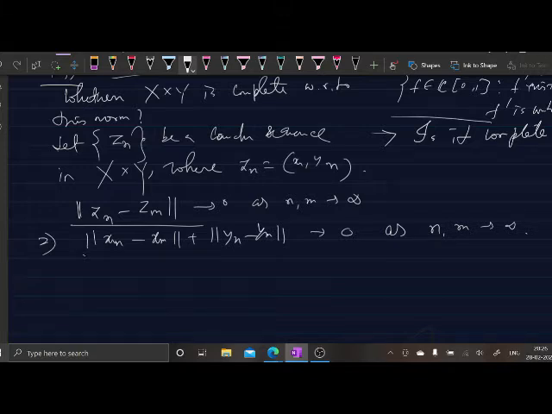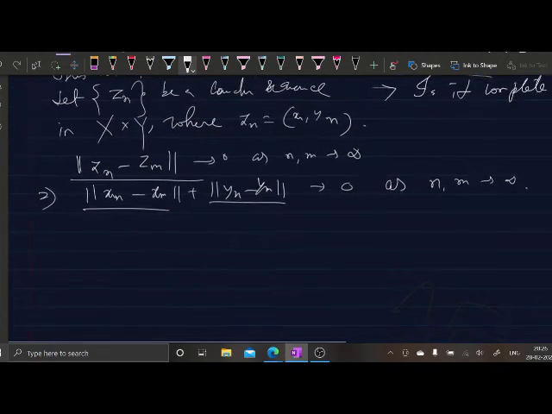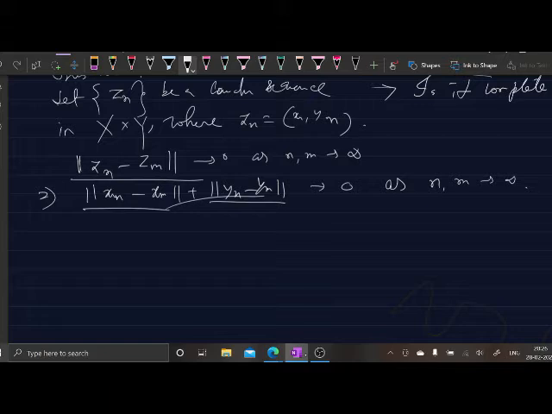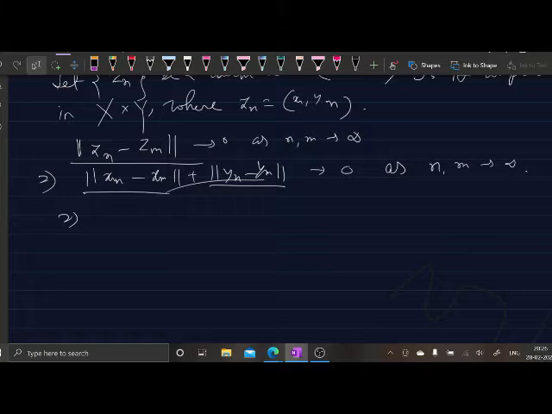So since these are two non-negative real numbers, after adding them, this real number is tending to 0 as n tends to infinity. Therefore, they are separately tending to 0.